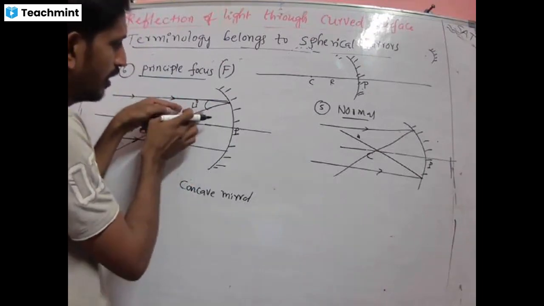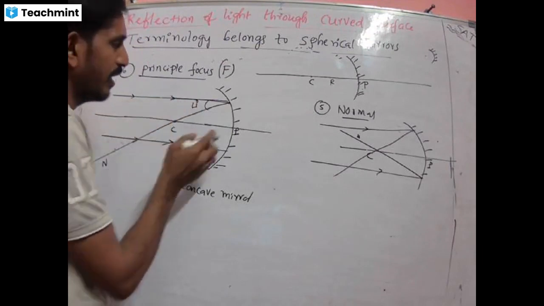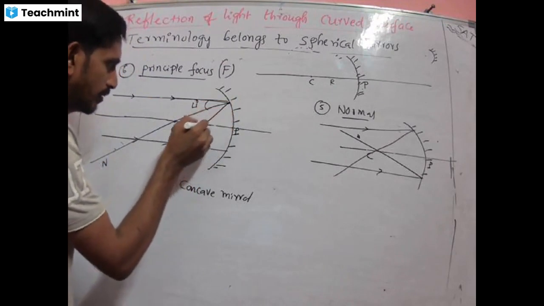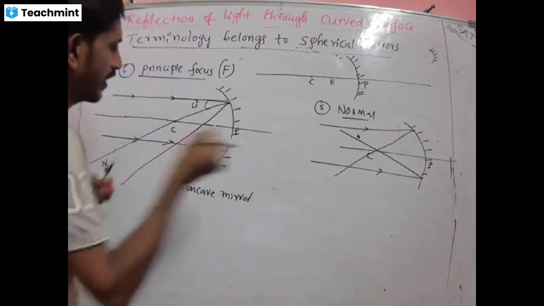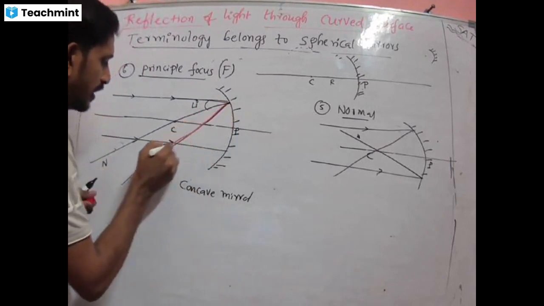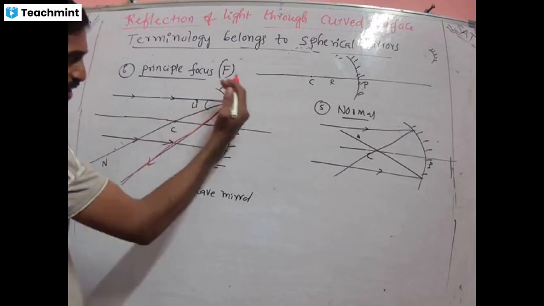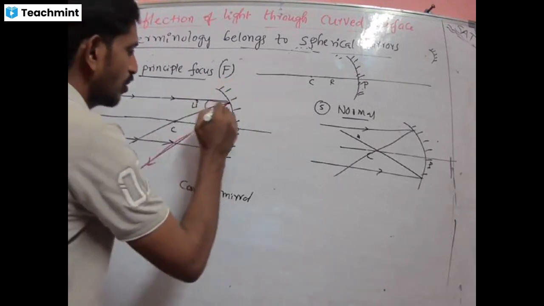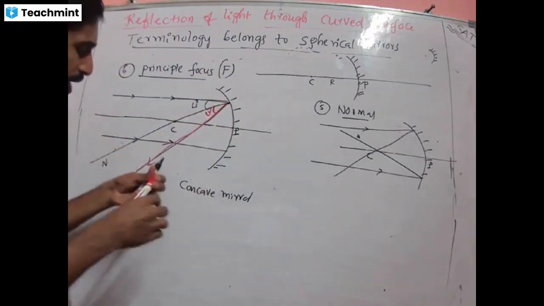You know that the normal is in between the reflected ray and the incident ray. Definitely the reflected ray must be in this downward direction. This is my reflected ray. I want to indicate it with a different color. The direction away from the mirror, that ray is called the reflected ray. This angle is also called the angle of reflection. Next, the second ray I will take here.